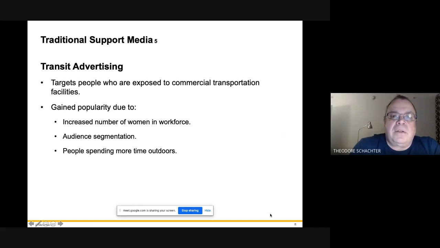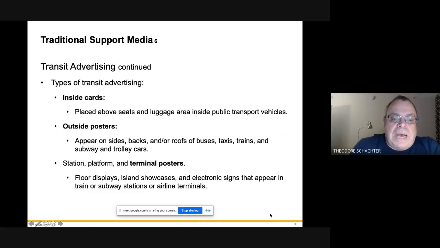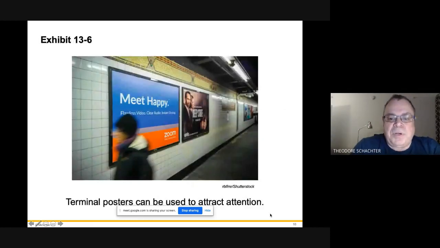Any ads on those channels are called transit ads. So outside posters are some of them. Yes, they do put displays on the floor, even on escalators or those turnstile bars. I've seen ads on those as well, and I'm sure you're familiar with these.